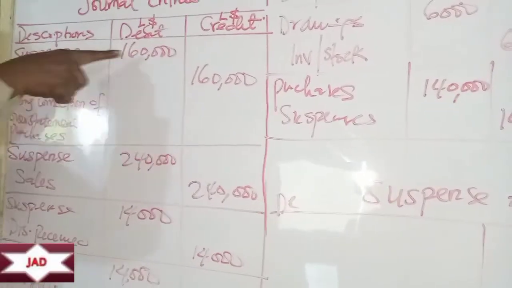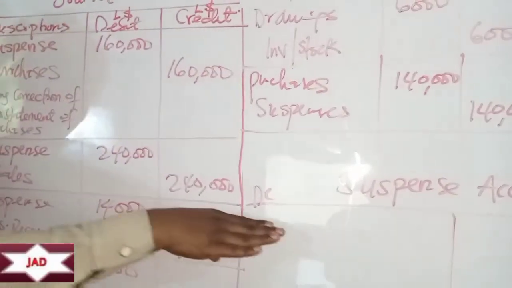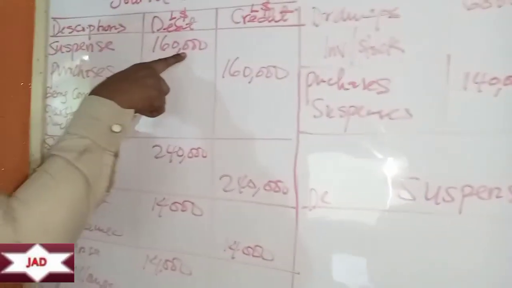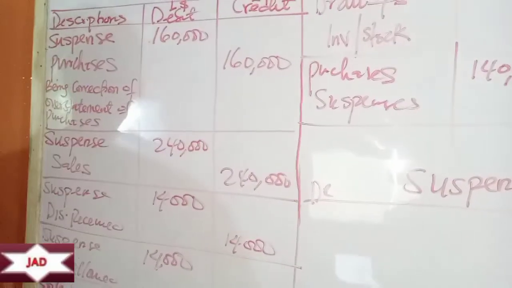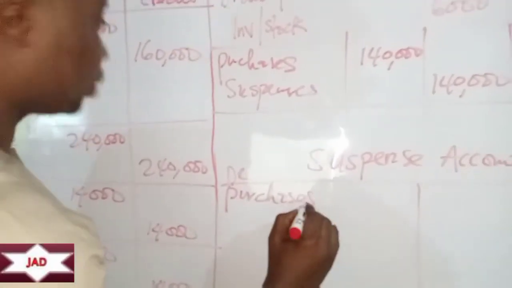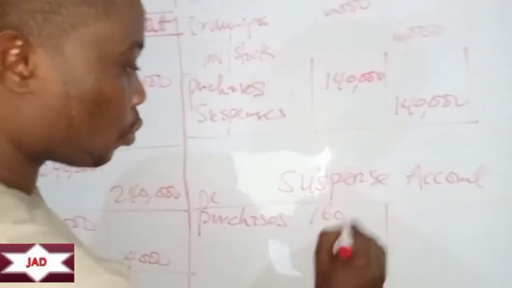If your suspense account is debited, you take it to the debit side. If your suspense account is credited, take it to the credit side. So the first one here, suspense account is debited against purchases, so we come to the debit side and say purchases, 160,000 Liberian dollars.